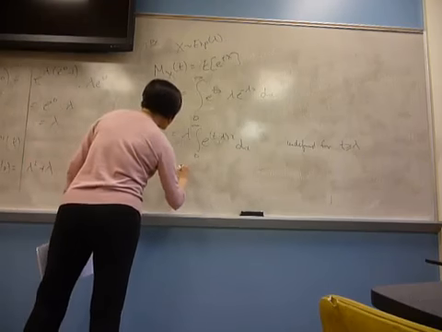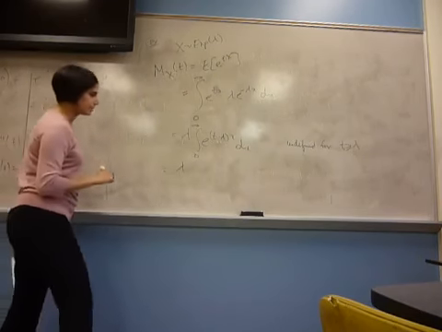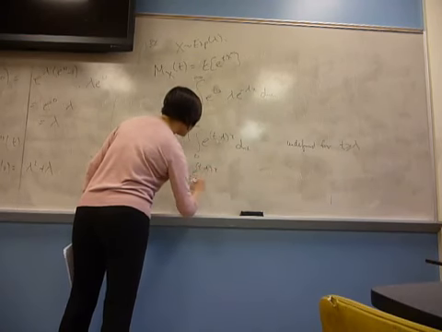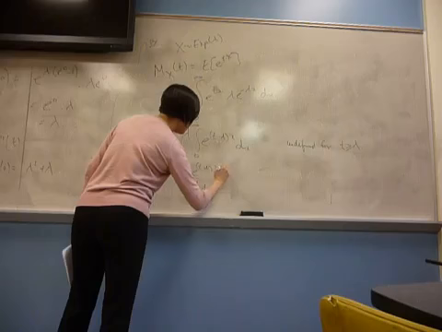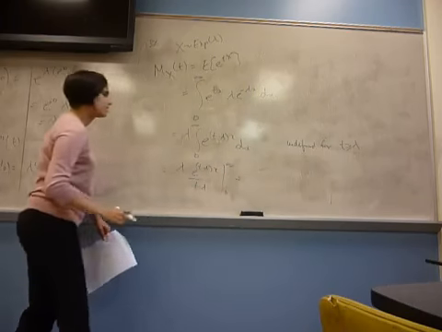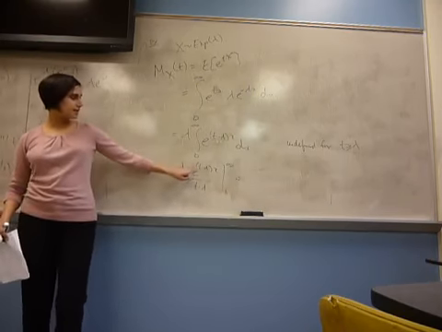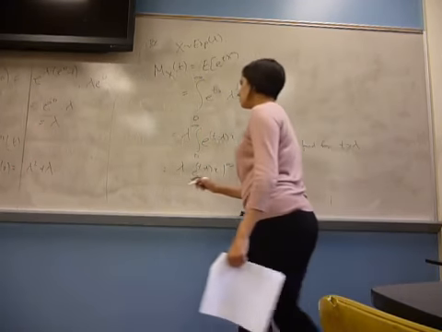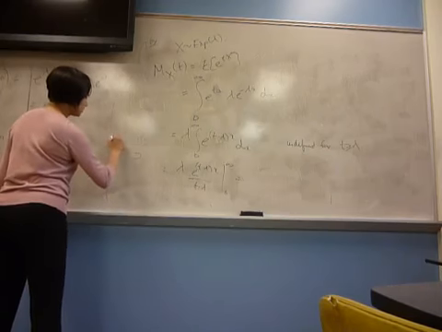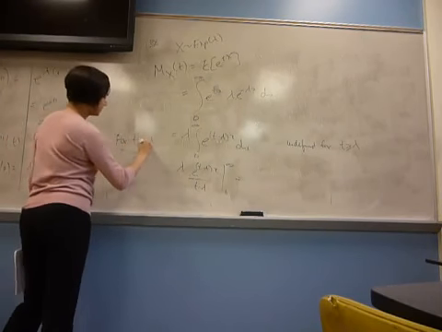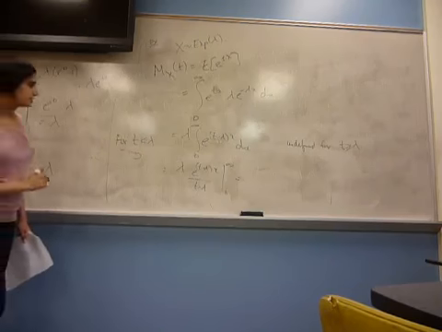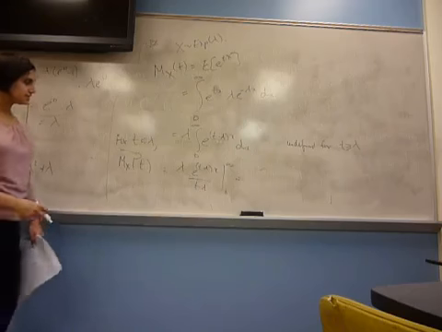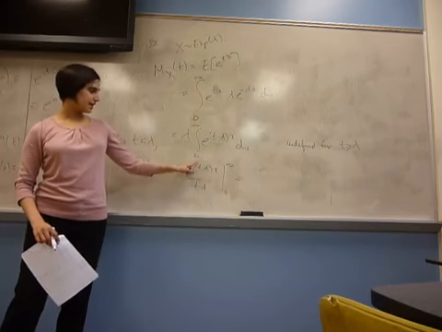So I'm going to do this integration assuming that t is less than lambda. When we integrate this, I get e to the (t minus lambda) x over (t minus lambda), from 0 to infinity. If t is less than lambda, t minus lambda is negative.